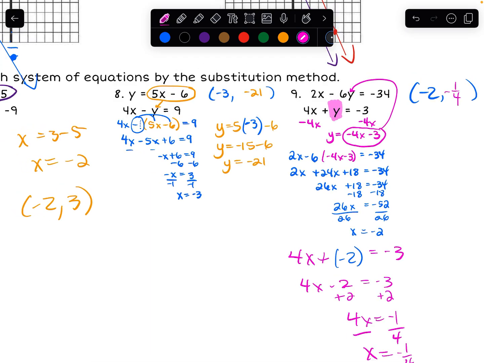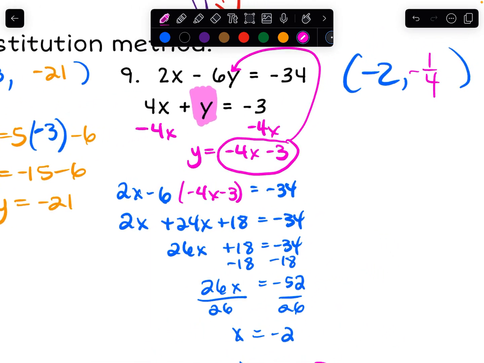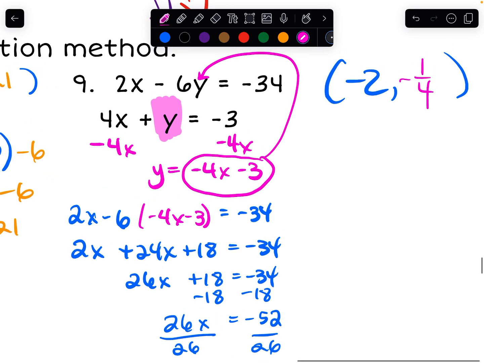-1/4. I can check my answer. Guys, you can check and see if this actually works. You can plug it back in. So if I take 2 and I multiply it by -2, minus 6 times -1/4 equals -34. I don't think I did something right.